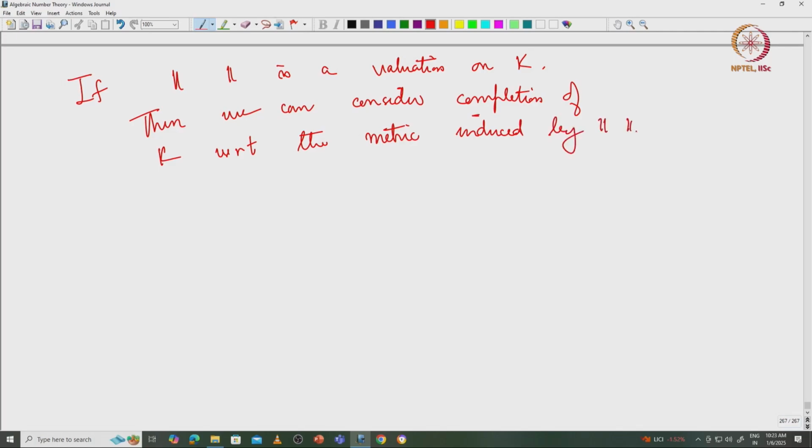So we saw that a valuation induces a metric, and you can take the completion with respect to that metric. Okay. And this is not a new process, we have already seen this before.